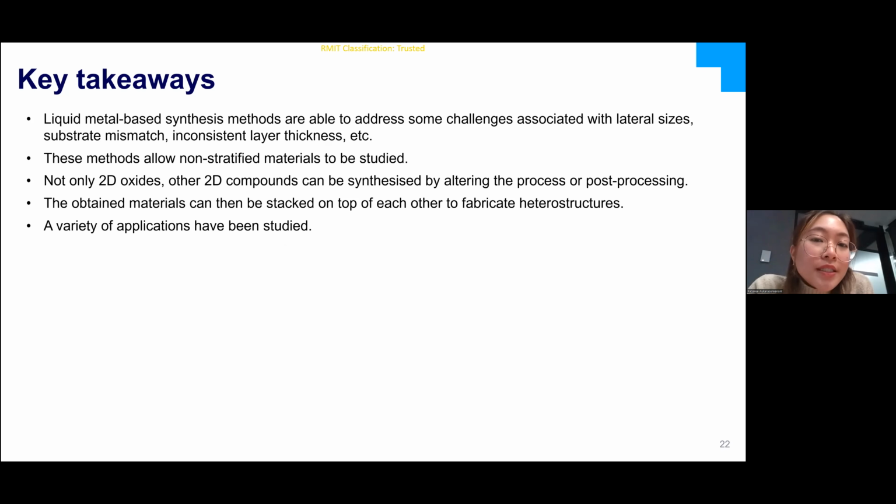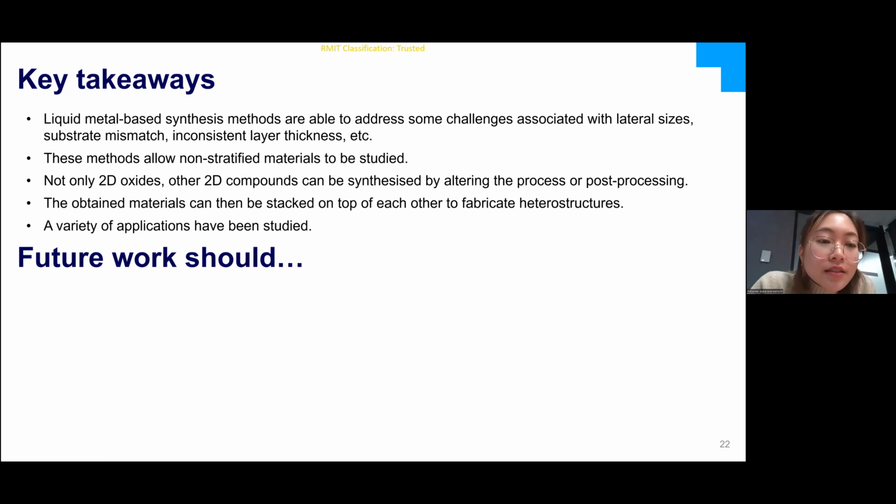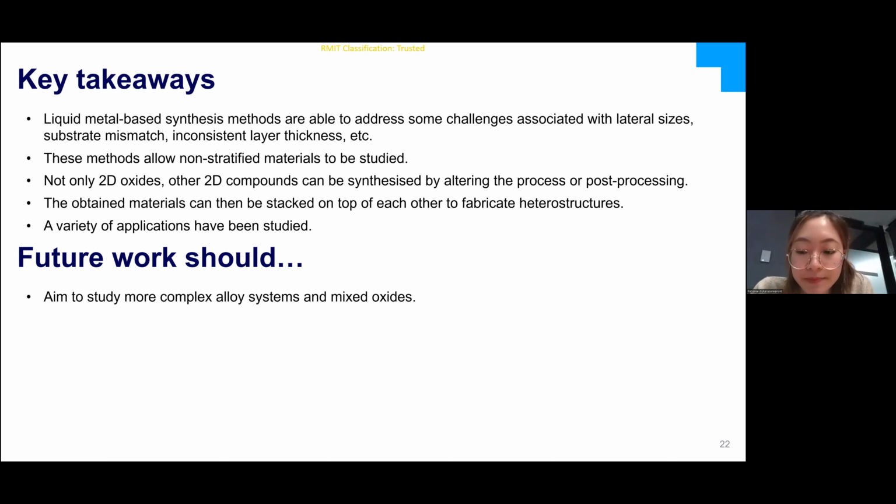And in terms of future work, I think we should aim to study more complex alloy systems and mixed oxides, because the predictive equation that I mentioned in Abby's work only works with the binary alloy system. So if you want to look at ternary alloy systems or oxides, we have to further develop more fundamental knowledge on this.